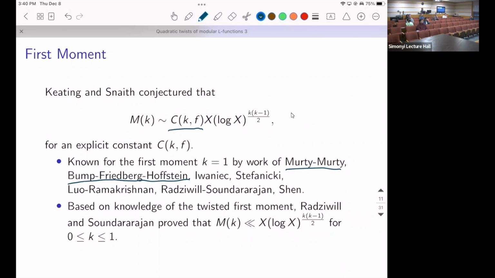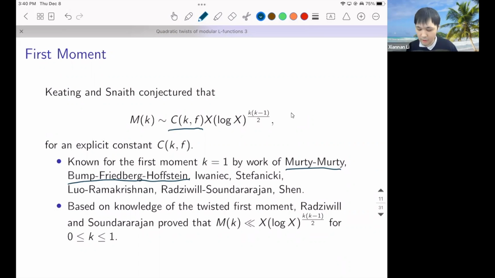This was with some application to Kolyvagin's work on rank 0 of the Birch-Swinnerton-Dyer conjecture. And then there were also some refinements by Iwaniec, Stefanicki, Ramakrishnan, Rajan, Radziwiłł, Soundararajan, and Shen. Okay, so a large number of refinements.